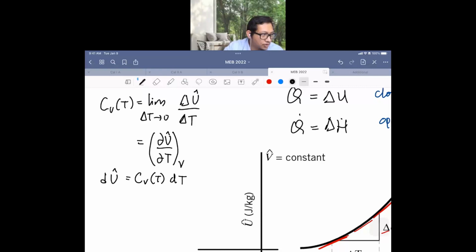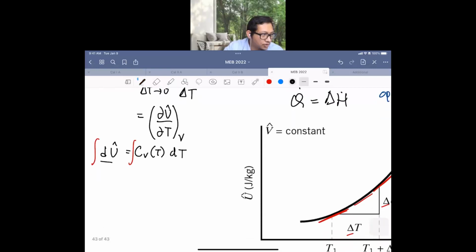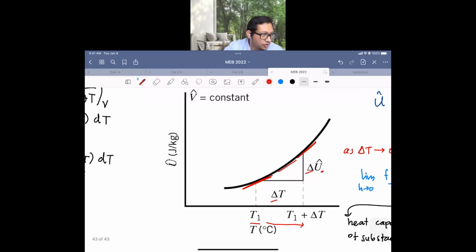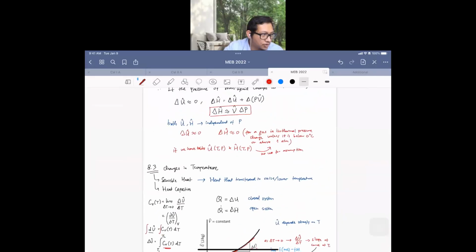If we integrate both sides, delta U is equal to the integral from T1 to T2 of Cv(T) dT. So how do we get the Cv? Cv is actually the property of our curve. For some substance, they have some property like you had in previous problems.